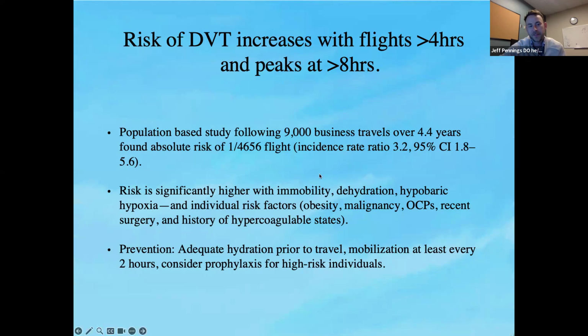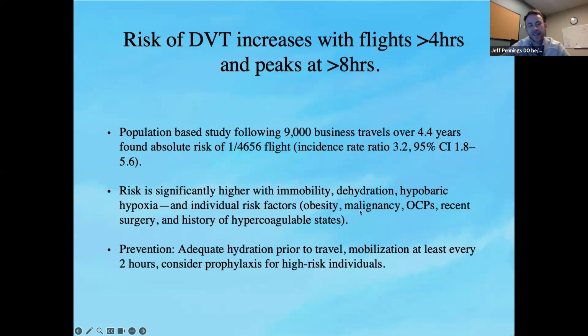The risk is going to be significantly higher for passengers that are immobile, that are dehydrated, that have hypobaric hypoxia, meaning a passenger who comes in with a sea level oxygen saturation in the low 90s and is riding in the 80s during the flight. And then other individual risk factors around obesity, malignancy, certain medications like OCPs, and history of hypercoagulable states.